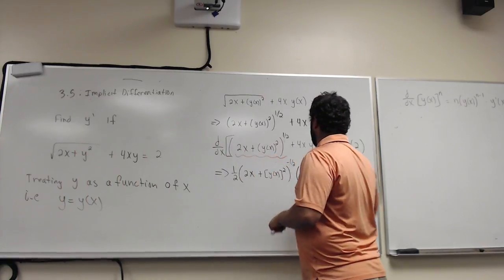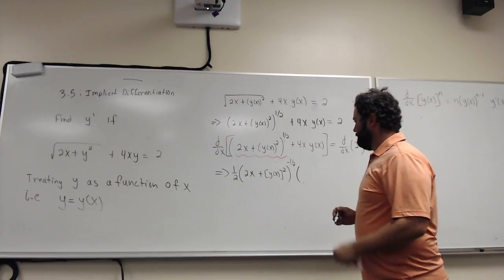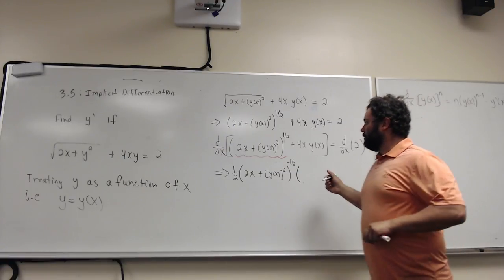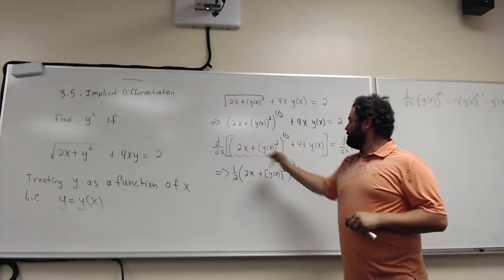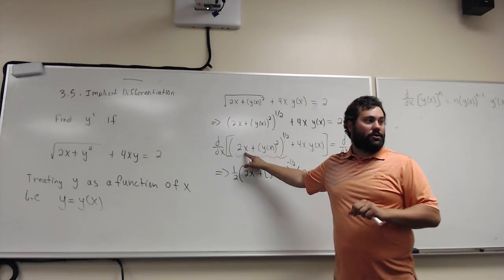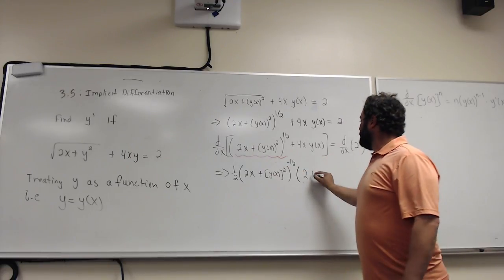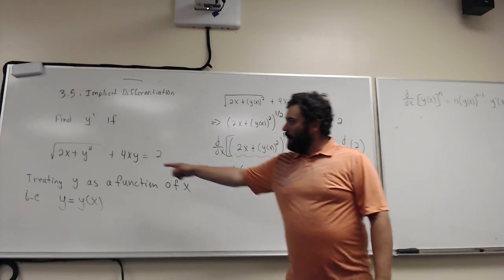Now there's two terms. Probably going to run out of room, but I can use this side. Okay, so there's two terms on the inside. The derivative of 2x is going to be 2, because x is the independent variable. It's not a function, it's just a variable. Plus, now the y of x squared, which is really y squared.